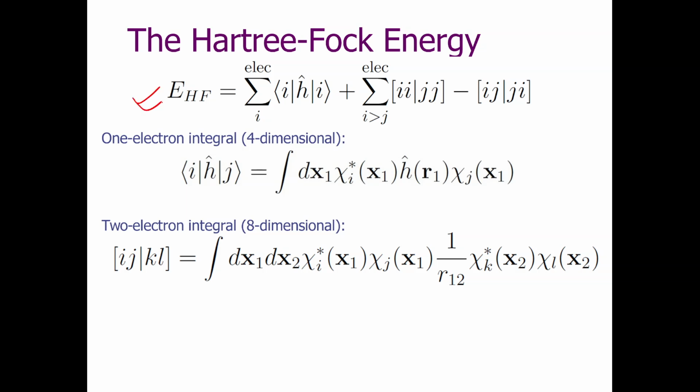Then we get that E Hartree-Fock is basically the summation of Hii, where i goes from 1 to n, the number of electrons, and then you have this (ii|jj) term.